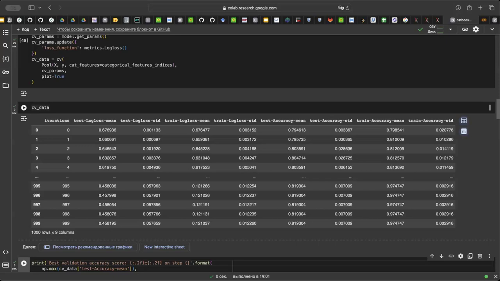And how do you calculate the final result? It's the mean. Yes, yes.